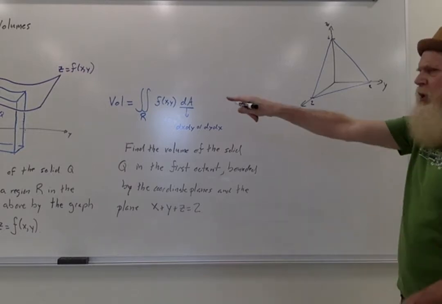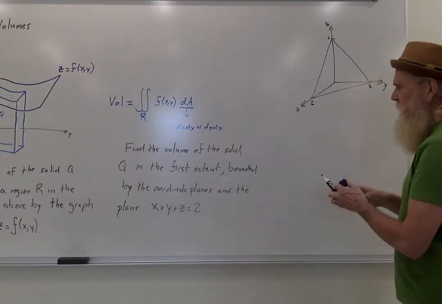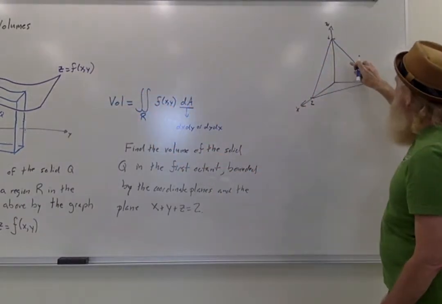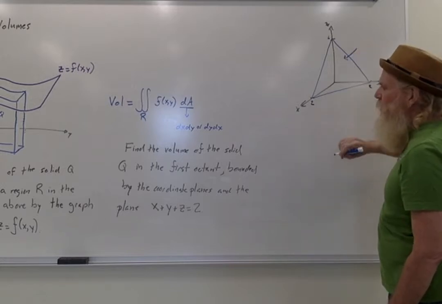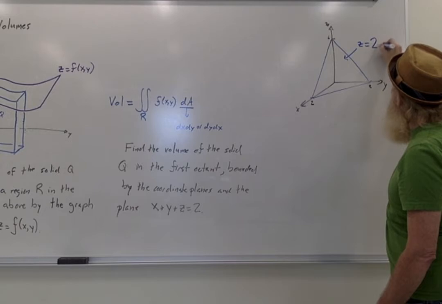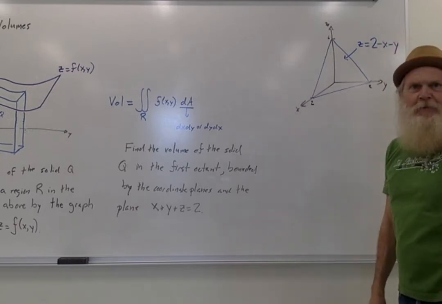Now, in terms of what we were doing over there, the top surface, z equals f of x and y, is going to be this tilted triangle here, where we can rewrite it as z equals 2 minus x minus y.